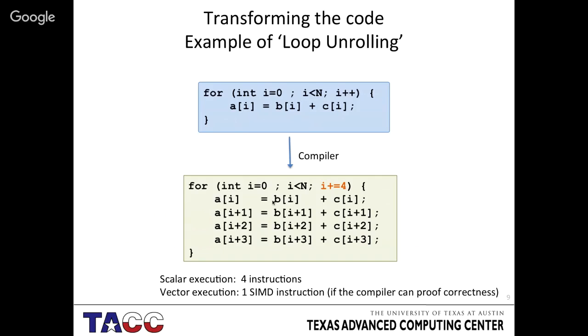And so what happens for the compiler, when it sees a loop with independent work in there, you can think of as unrolling the loop.